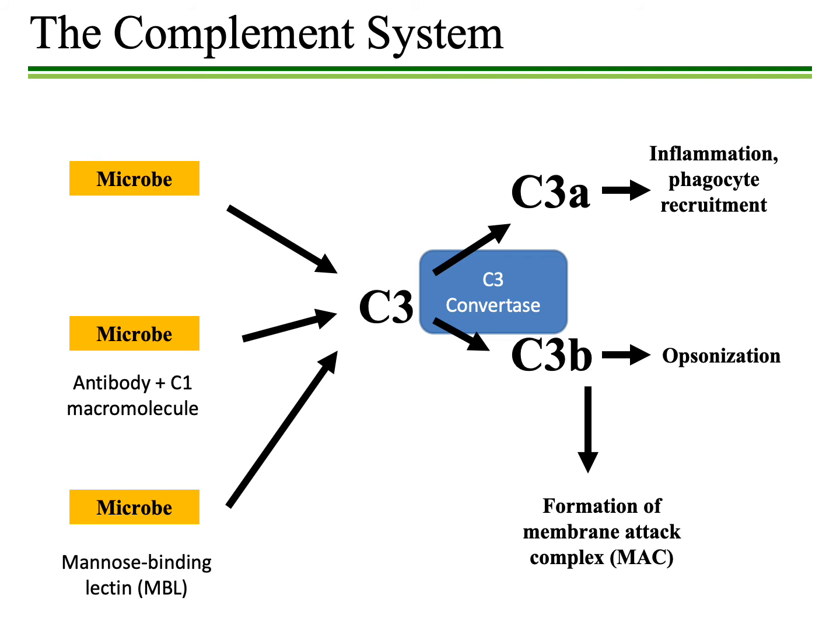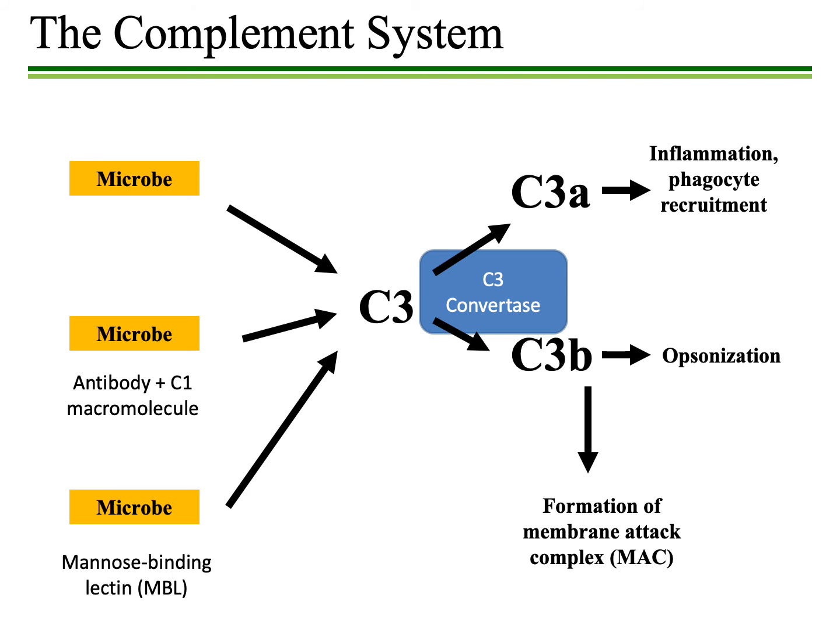And lastly, C3b also initiates the formation of the membrane attack complex. So as you can see here, we have a much more straightforward, streamlined biochemical cascade looking at the activation pathways. What's really important is that conversion of C3 into C3a and C3b, and then the downstream effects of that, which are inflammation, phagocyte recruitment, opsonization, and the formation of the MAC.